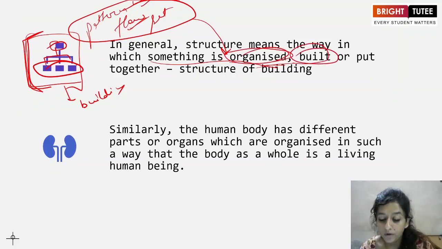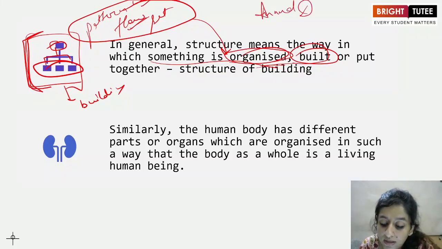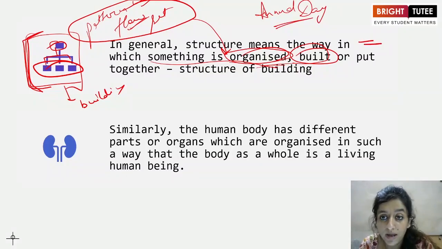Even if, let's say, we are planning to have an annual day. When you plan to have an annual day, all the things starting from when are you planning to have it? Who all are you planning to invite? Where do you want to have it? And what all do you want to have in there?